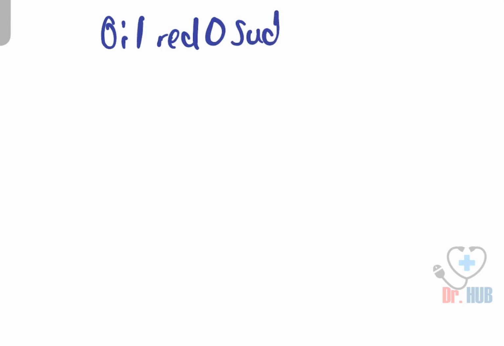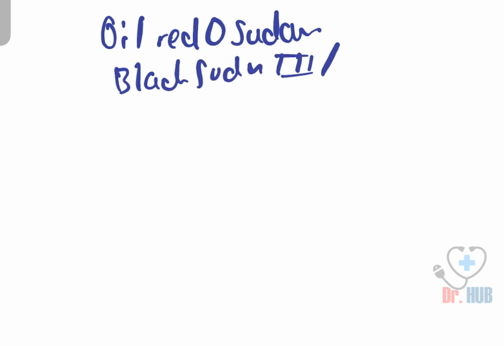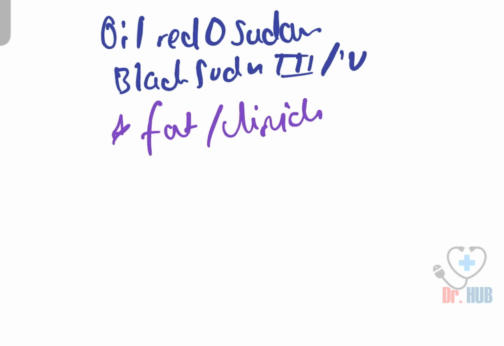Next, we look at the oil red O, Sudan black, Sudan 3 and 4. So this is used to demonstrate the fats as well as the lipids. And what are the other disorders it is associated with?